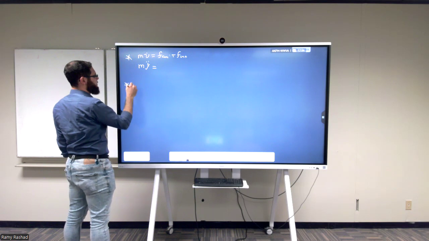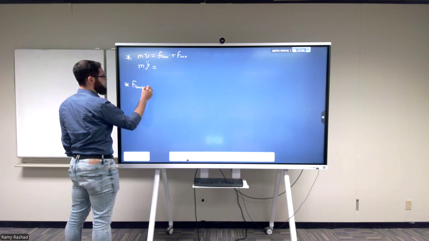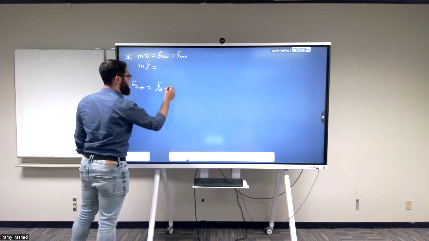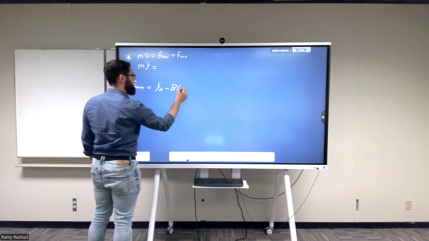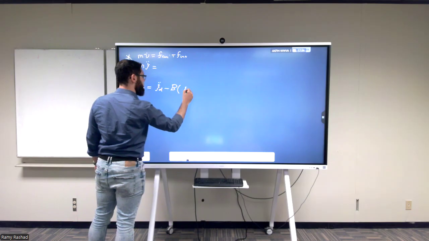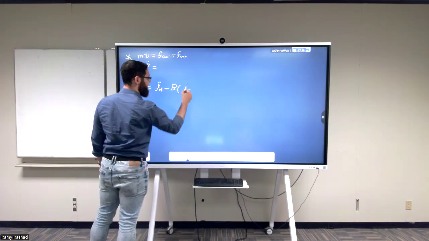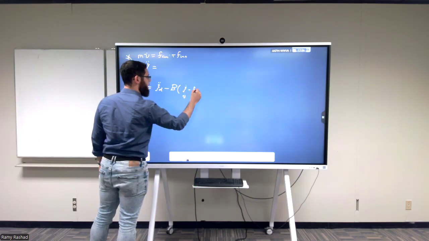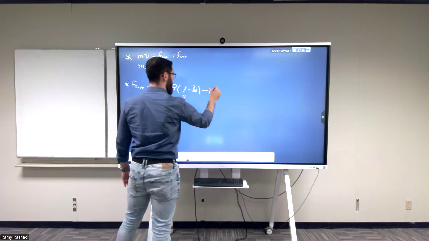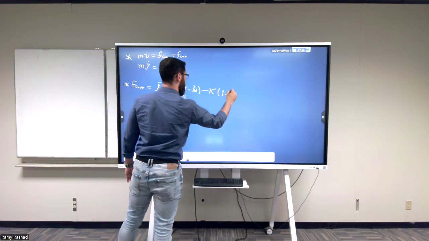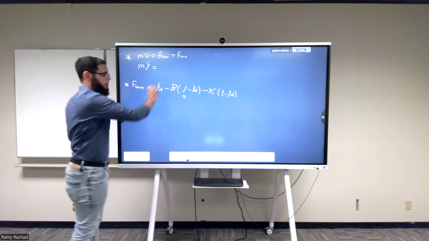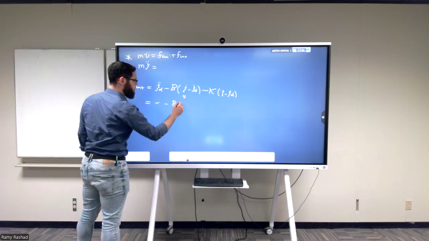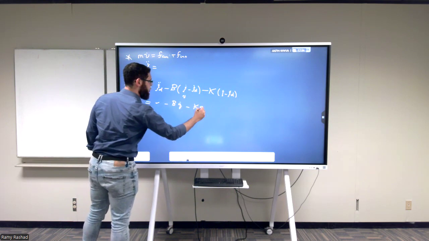We said that we want the f controller, we chose it to be m psi desired double dot, then minus b psi dot, or the v, they are both the same, minus psi desired dot, minus k psi minus psi desired. I can rewrite this equation as this term minus b q dot minus k q. You agree?